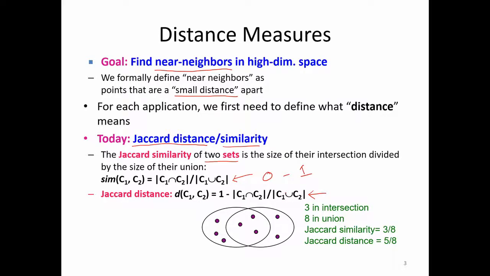This is the notion of similarity that we are going to use today. Here is a small example. You have 3 points in the intersection and a total of 8 points in the union. Jaccard similarity is 3 by 8, whereas Jaccard distance is 5 by 8.